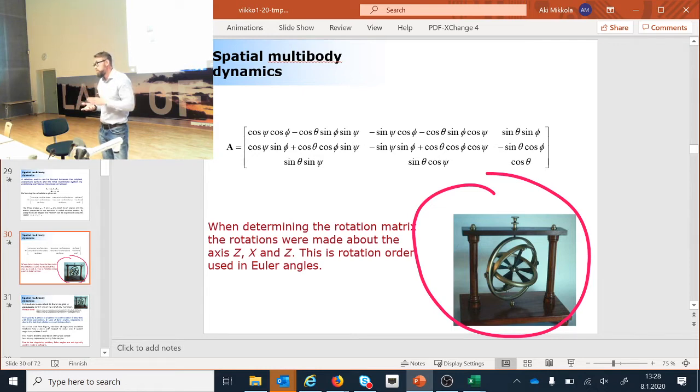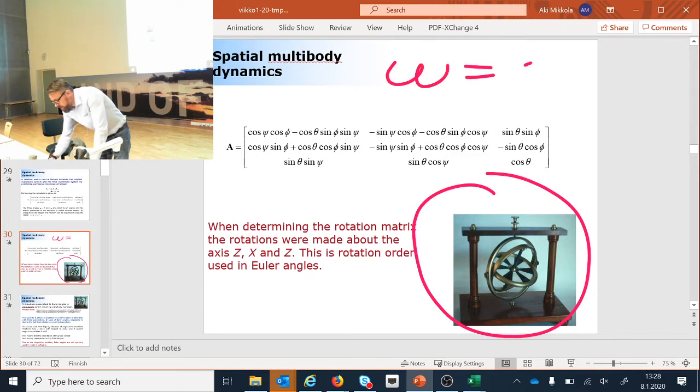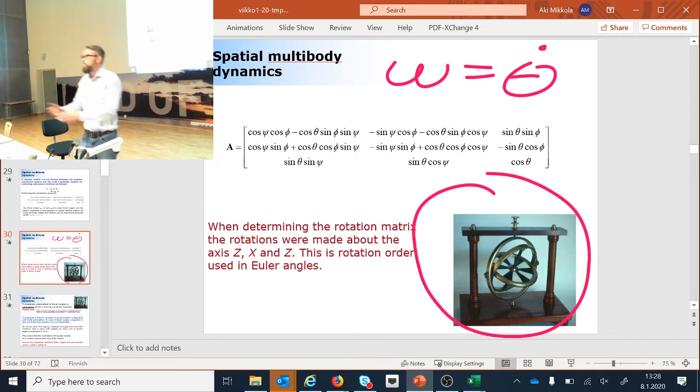Maybe you could be the first one to find a way to describe the rotation using three parameters in a way that is not suffering from singularity. Or maybe even better, maybe in a spatial case, you can find a way that the generalized coordinates are equal to the angular velocity vector. If you find this kind of way to describe that mathematically, that would be a really big deal.